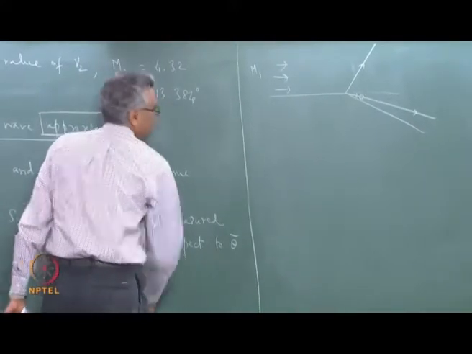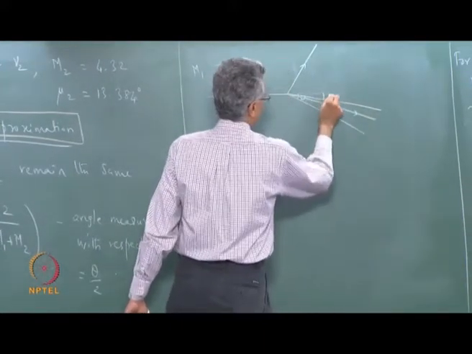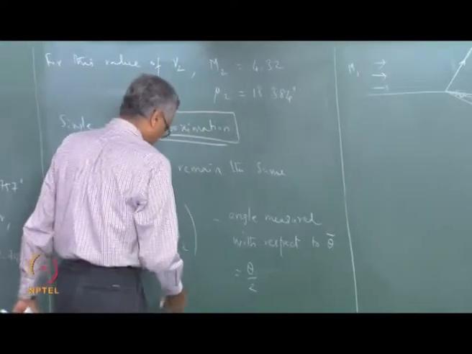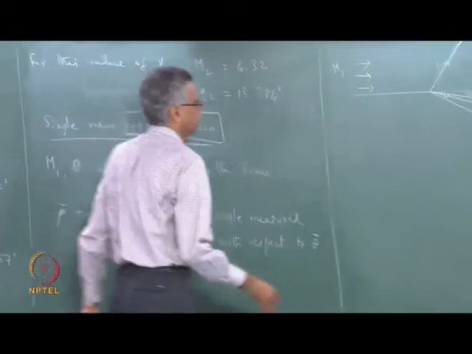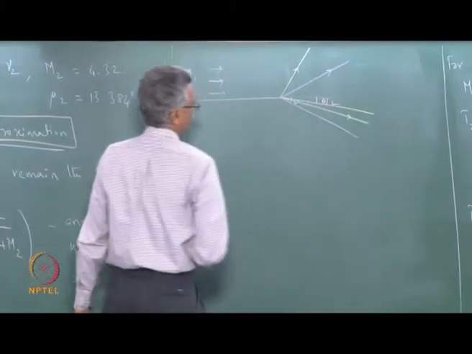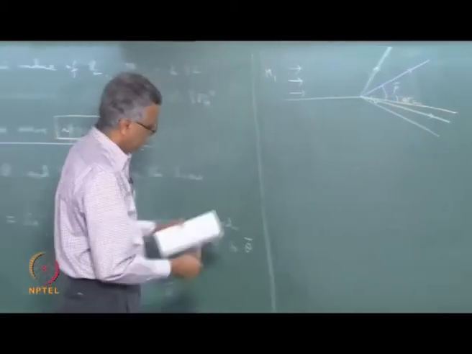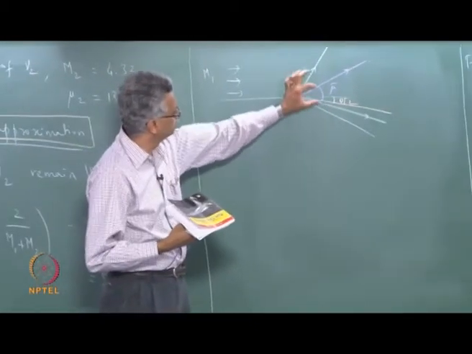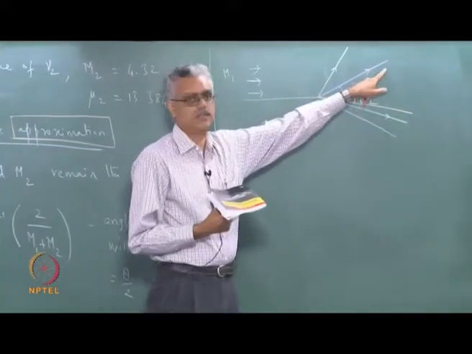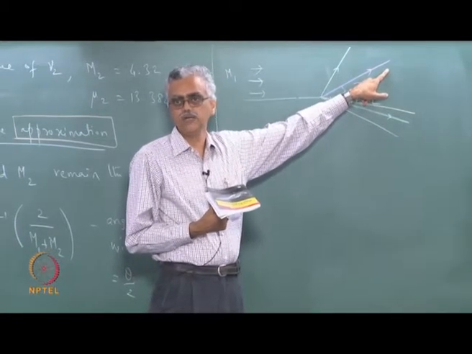Let us say that this angle is theta over 2. So the single wave that replaces all this looks like this. And this angle is mu bar. So that angle is measured with respect to theta over 2. So that is mu bar. So we replace this entire fan with a single wave like this. This is an approximation. Such a solution is not allowed, but it is an approximation.